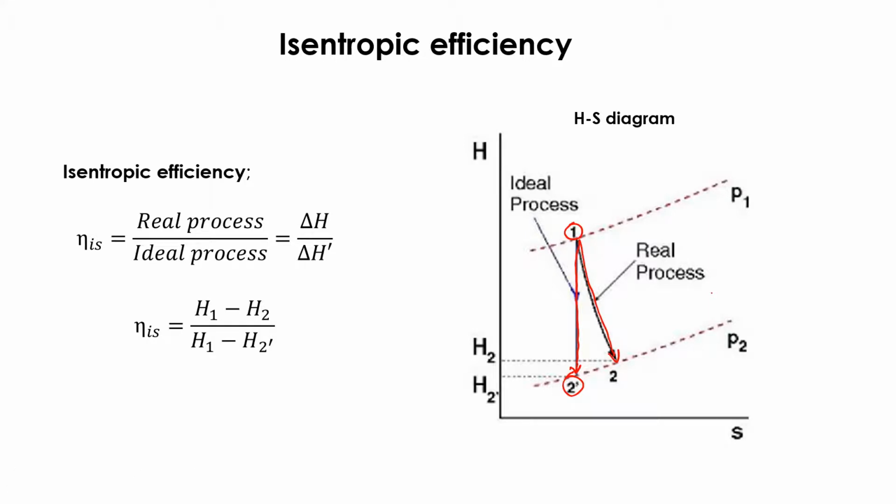If you look here, you see that the enthalpy at point 1 minus the enthalpy at point 2 prime, which is the isentropic, is higher than the enthalpy at point 1 minus the enthalpy at point 2. Because of this condition, we then have a system with less than 100% efficiency.